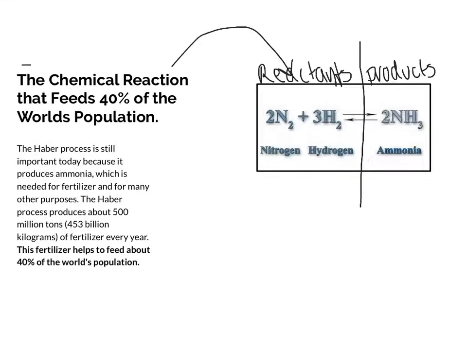For a synthesis reaction, you always have two reactants and one product. And as you can imagine, this synthesis reaction goes from 2 to 1, and synthesis means coming together.